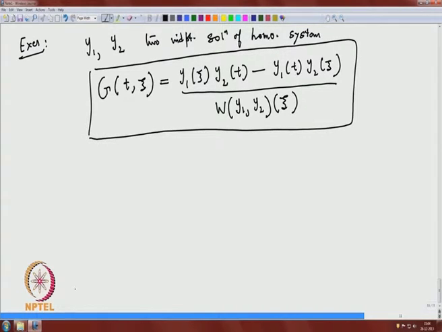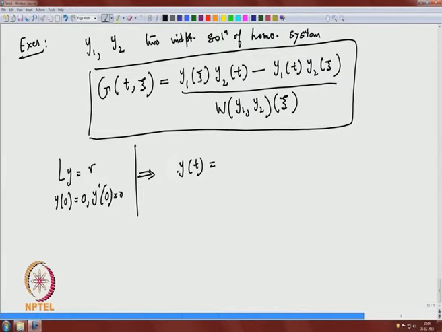So, if you write down your solution with Ly equal to r, please note that the solution satisfies the homogeneous conditions. So, you will get y(0) equal to 0 and y prime of 0 equal to 0. You can write down the solution y evaluated at t in a nice form.